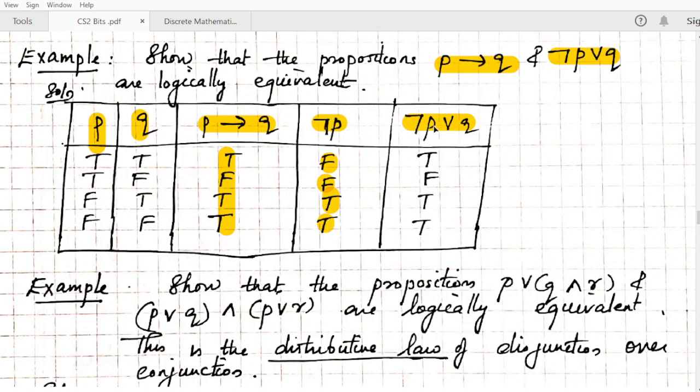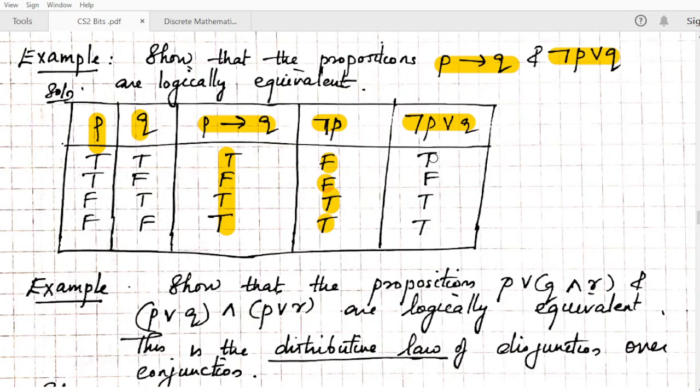Now we find negation P or Q. Negation P or Q means we are going to use the OR operation between negation P and Q. So we know that when we use OR, if any one of the propositions in the OR statement is true, then our statement is true.